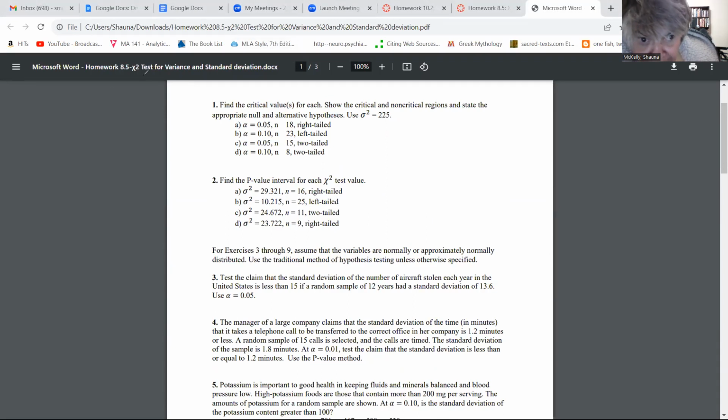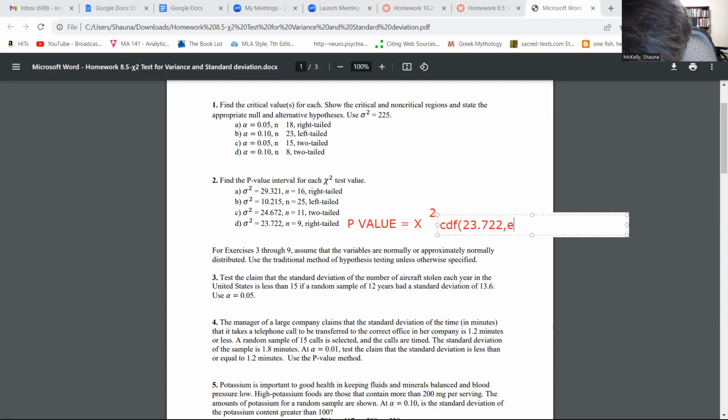But the format for this, it's a right tail test, just like A. So it's going to be p-value is equal to chi-squared CDF from 23.722 to E99. DF is 8.